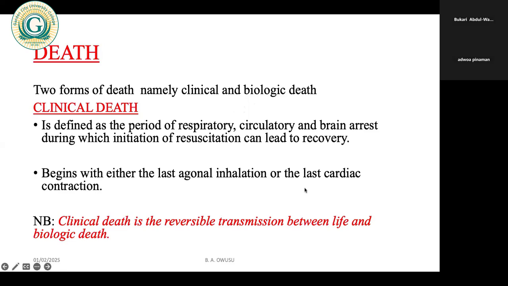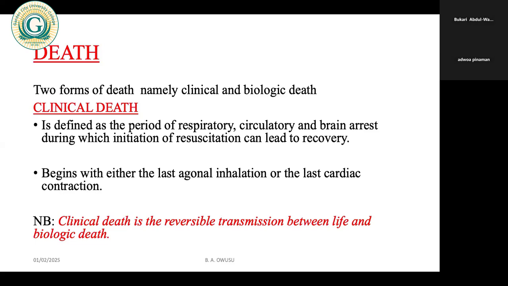Sir, good evening. Mine is more of a contribution. A friend asked about CPR and clinical death. The doctor declared a patient clinically dead. Usually, I would say the doctor doesn't voice out that this person is clinically dead.